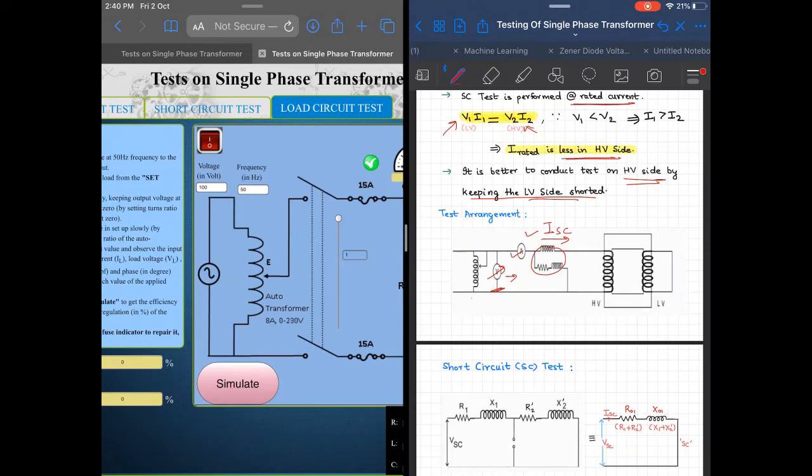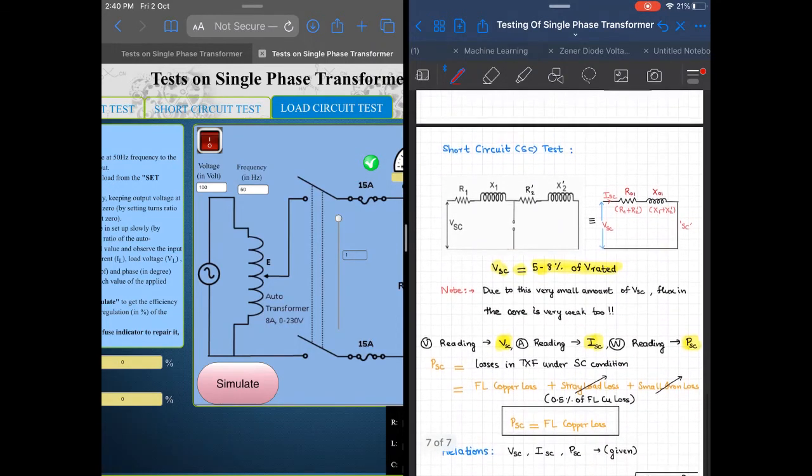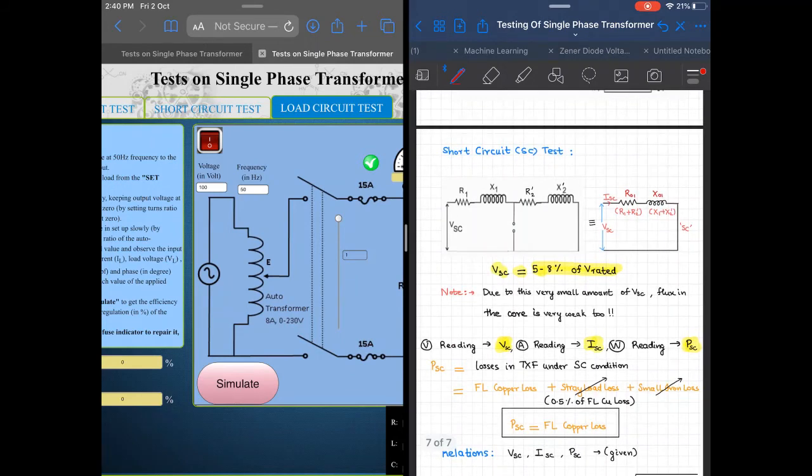Let us see what happens in the equivalent circuit. So no load current of transformer is approximately 5 to 8% of full load current.